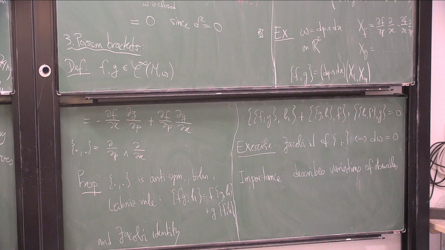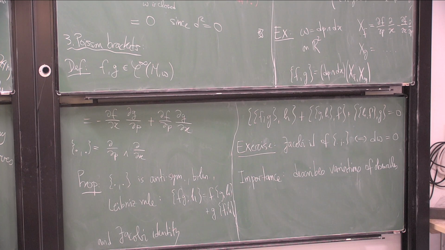So the setting is as follows. You have a phase space, some symplectic manifold. You have a Hamiltonian. This Hamiltonian gives you a flow, and the flow actually gives you a notion of time. And now you take something you want to observe, something you want to measure, like temperature, pressure, something.